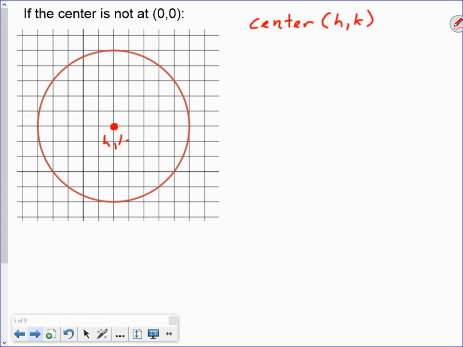So this point right here is (h, k). And again, I can pick some random point on the edge of my circle. We'll call this point (x, y). I know this distance from here to here must be r, so that's the length of the segment joining (x, y) and (h, k). So we can use our length formula again.